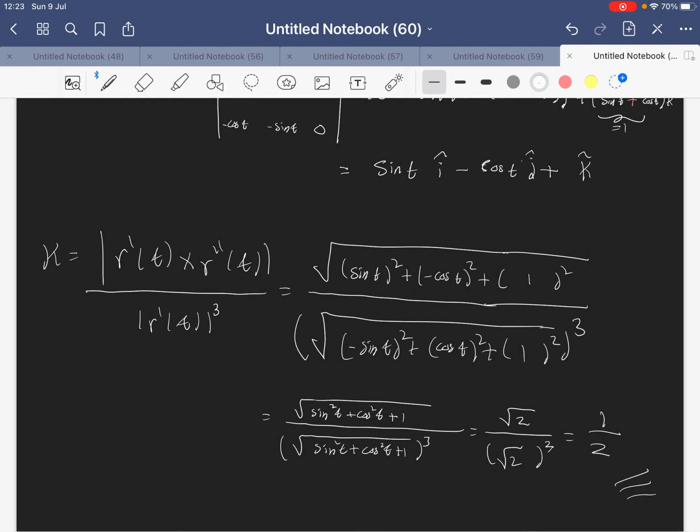And why did I say at the beginning, before I solved the example, that this might surprise you? Because remember, we would expect the curvature to change based on t, but no, it is always the same regardless of the value of t. So remember, the helix looks like a spring.